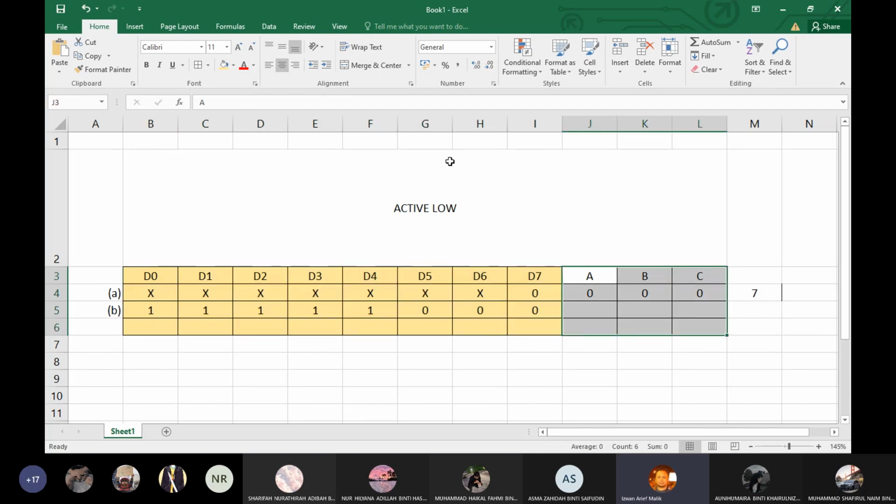This is the input and these are the outputs, easier to differentiate. So what happens here? If it is 1 for active low, it means it is off, empty, not present. This is the one present. But we look for the highest priority which is 7 as well. So this will be treated as don't care. So the output will be the same, 000, which is 7.